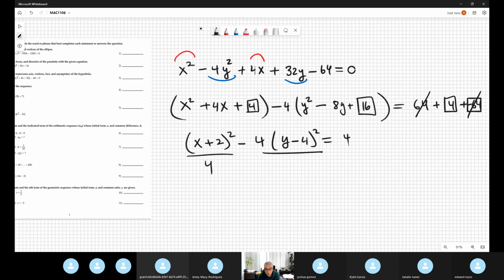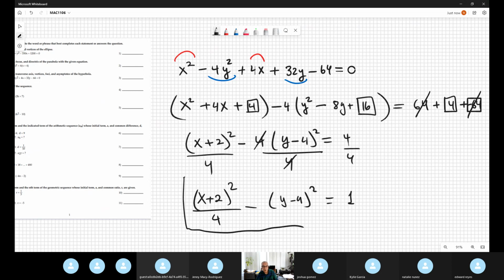The equation of our hyperbola is x plus 2 squared over 4 minus y minus 4 squared over 1, because this 4 is cancelled, equals 1. Okay, hyperbola in standard form, 100% equivalent to the original ugly one.